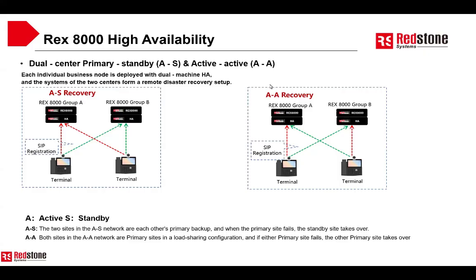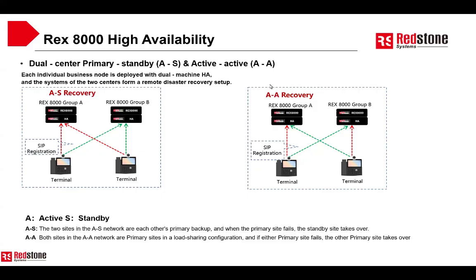So in the active standby mode, under normal conditions, the users' terminals register to the primary data center's HA system, as shown in the picture by the red arrows. If the primary center fails, all services will automatically switch to the backup site. In contrast, the active active mode allows both centers to operate simultaneously.